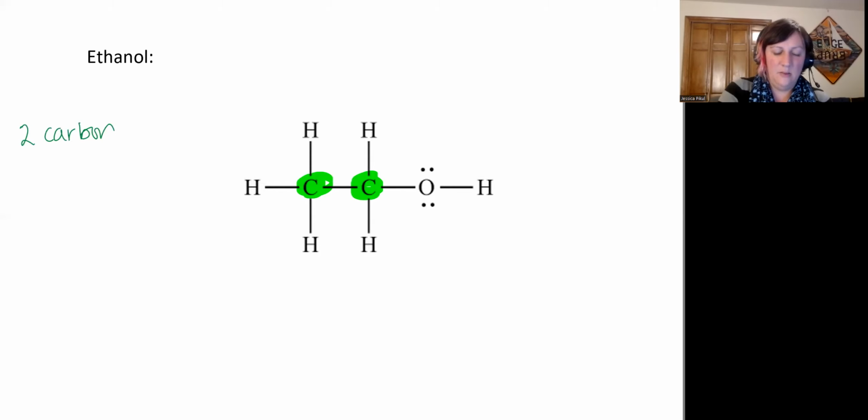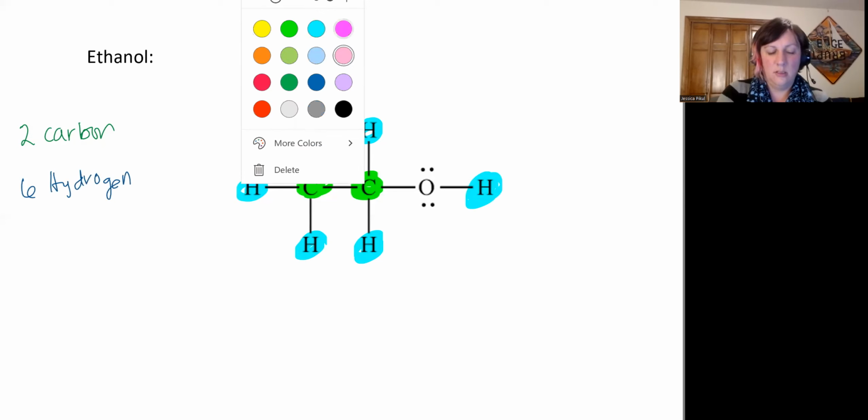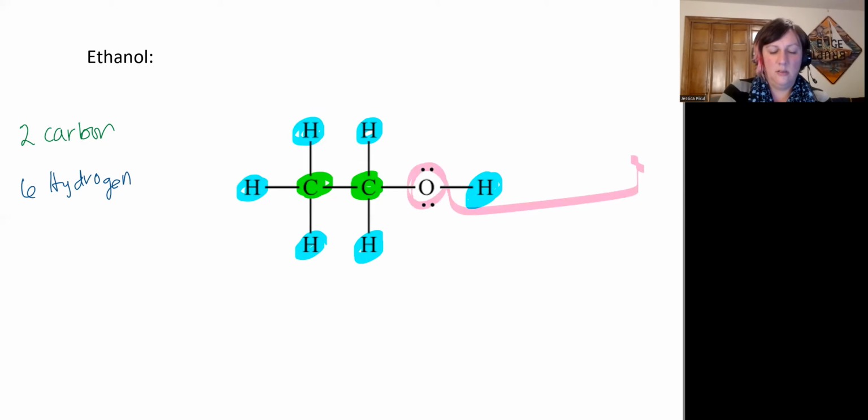You see 1, 2, 3, 4, 5, and 6 hydrogen here. And then lastly, I'm going to see if I have anything else. It looks like there's an oxygen, just 1 oxygen.